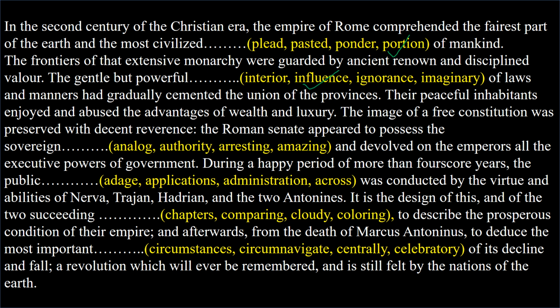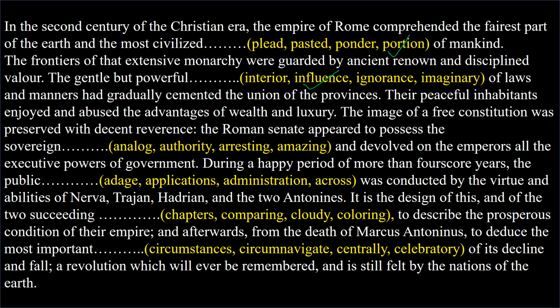Their peaceful inhabitants enjoyed and abused the advantages of wealth and luxury. The image of a free constitution was preserved with decent reverence. The Roman Senate appeared to possess the sovereign, and in the bracket analog, authority, arresting, amazing, and devolved on the emperors all the executive powers of government.